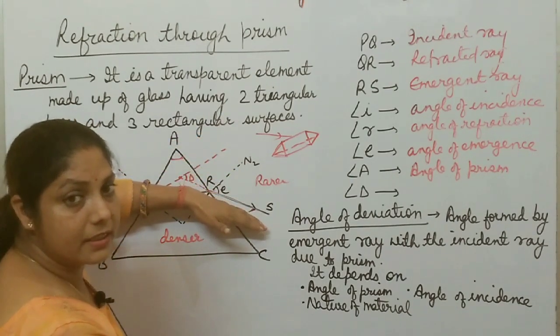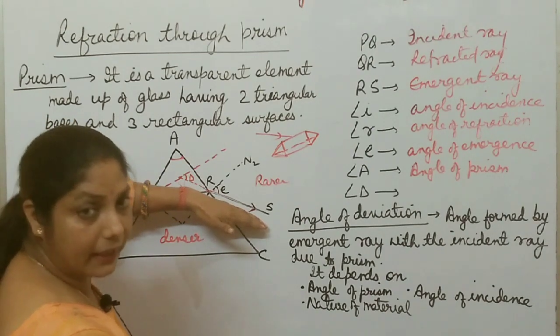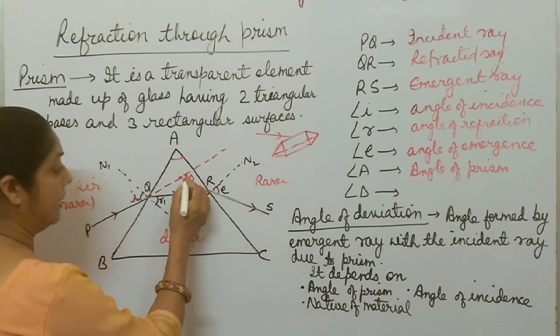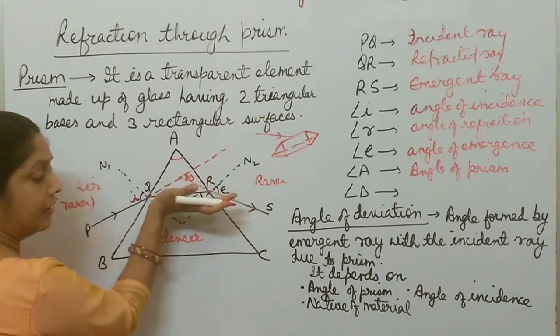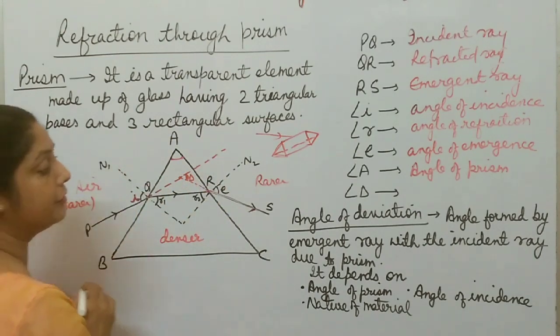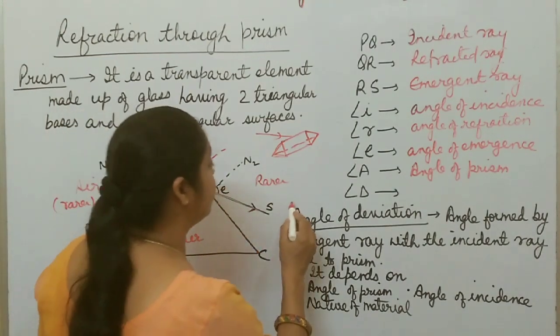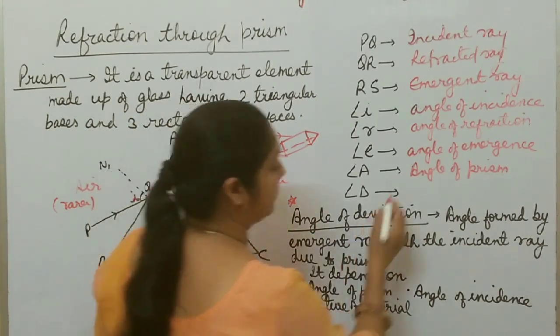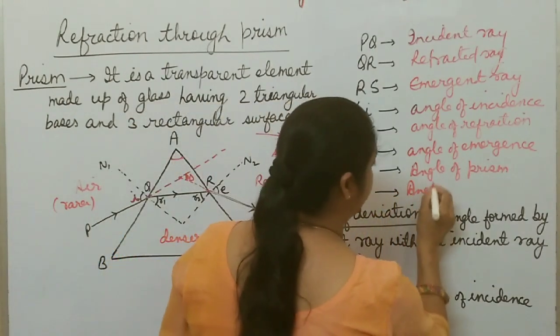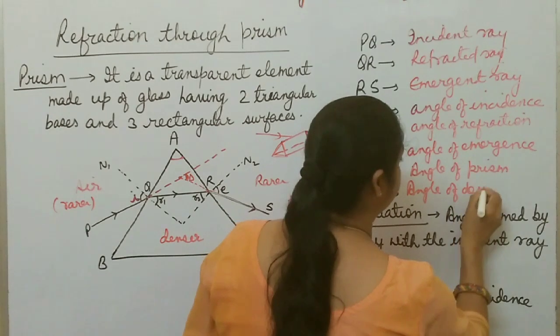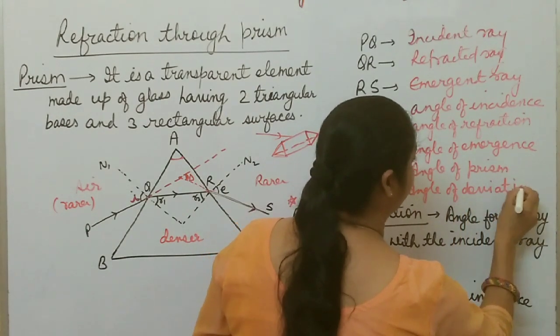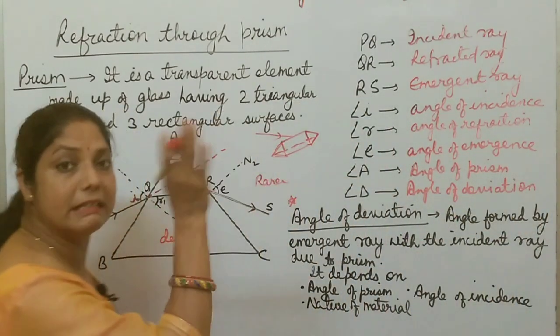So there is deviation of path, and this angle between the incident ray and the emergent ray is called the angle of deviation. This term is very important. Angle D is the angle of deviation. It means light deviates from its original path, and original path means the incident ray.